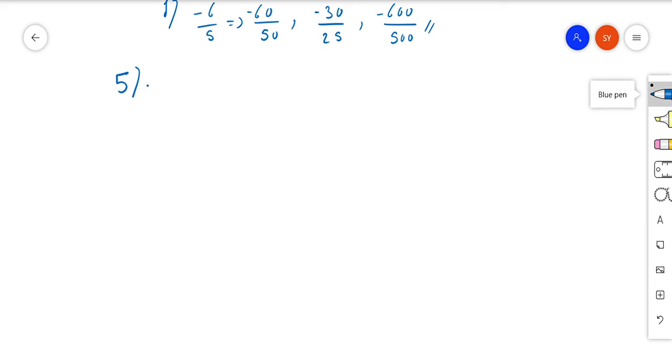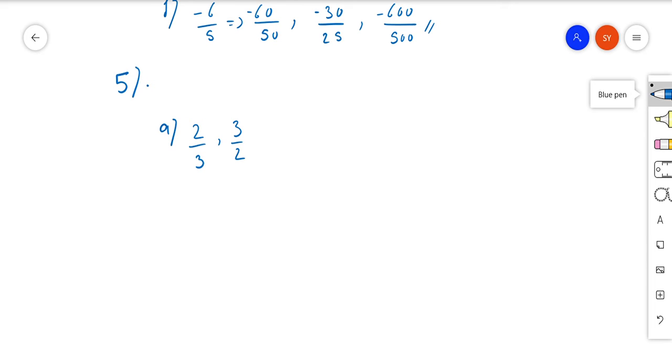So for example, first one, fifth A is 2 by 3 and 3 by 2. Now if you see, these are already in their standard form, so they are not a pair of equivalent rational numbers.